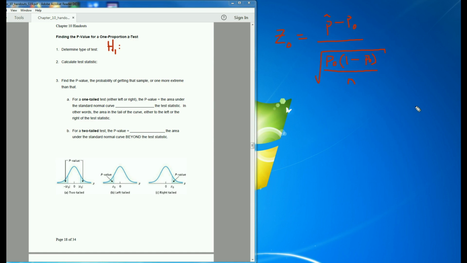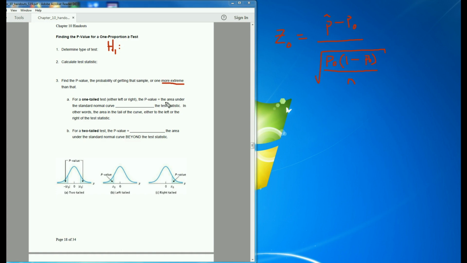So nothing new there. That's just your test statistic based on your sample data. And then third, okay, we have to actually find the p-value. The probability of getting that sample or one more extreme. Again, meaning even further away from the center, from the hypothesized value.